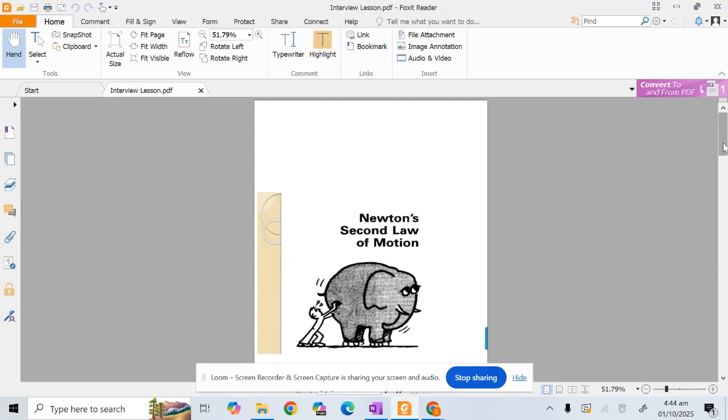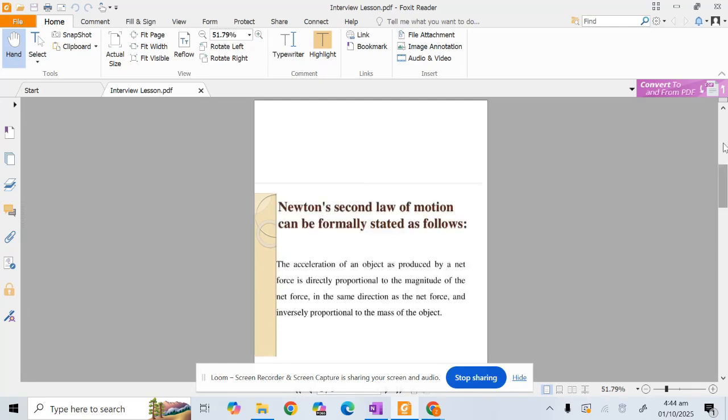So coming towards its explanation, Newton's second law states that the acceleration produced in any object is directly proportional to the force applied on it and inversely proportional to its mass.